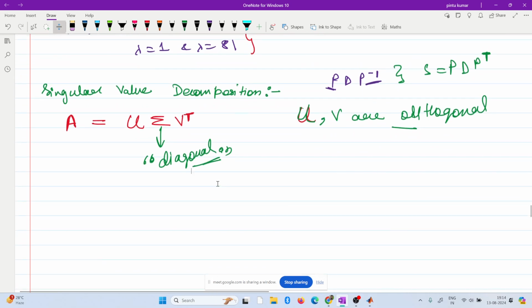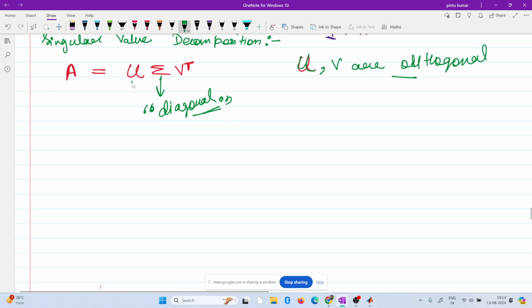So let's say this is M cross N. Then your U matrix is M cross M, V matrix is N cross N, and sigma matrix is again M cross N for your multiplication to hold.